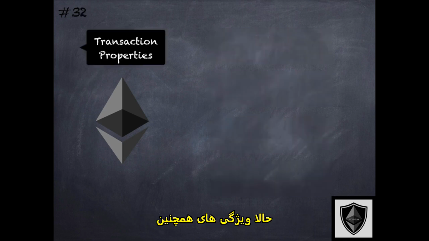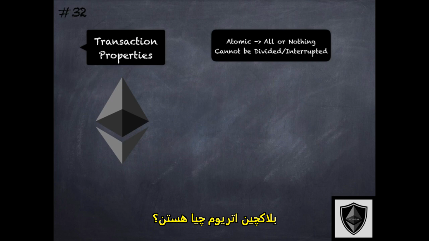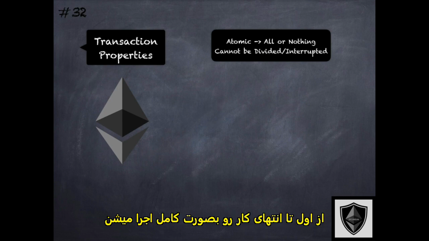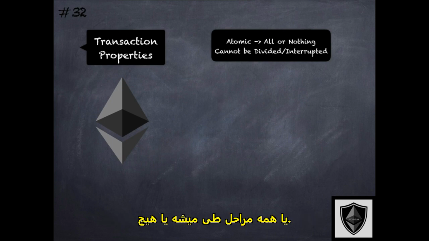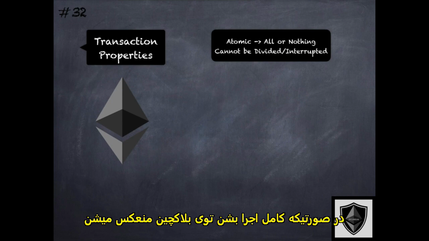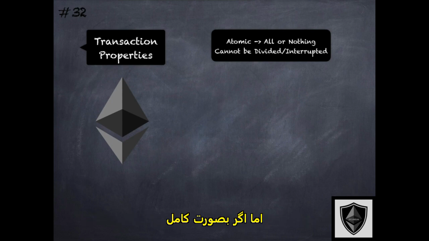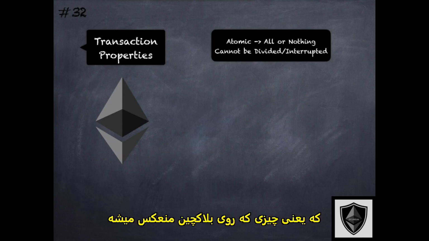Now, what are the properties of such transactions on the Ethereum blockchain? The first key property of such transactions is that they're atomic. And what this means is that they run from the beginning to the end completely. It's either all or nothing. So the side effects of the transactions are only reflected on the blockchain if they run to completion. But if they don't run to completion, nothing that they do is reflected on the blockchain.